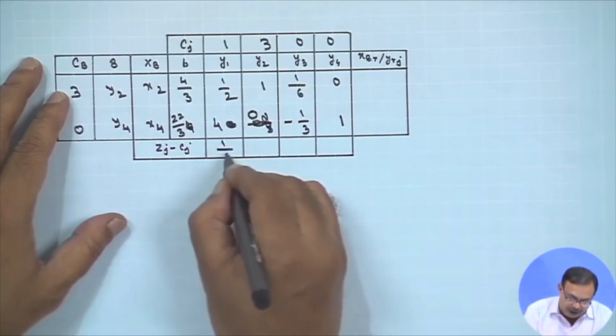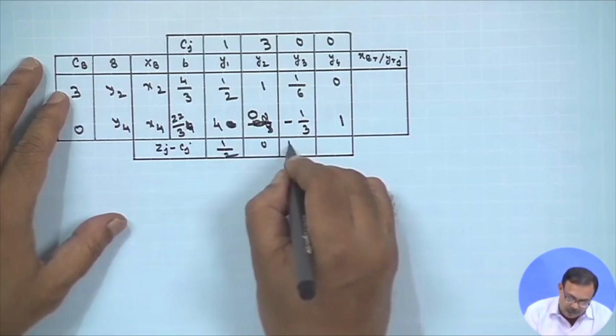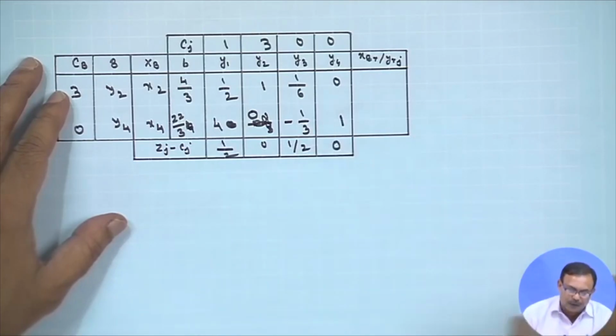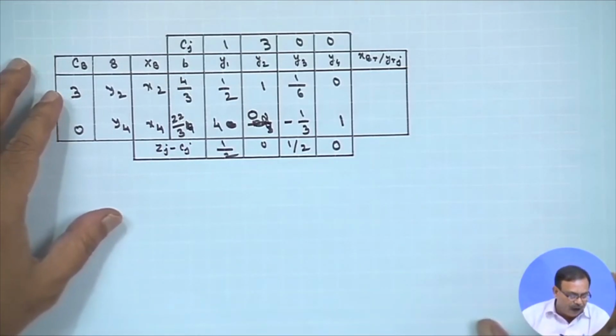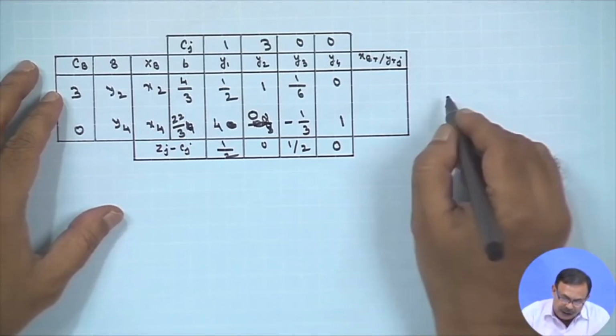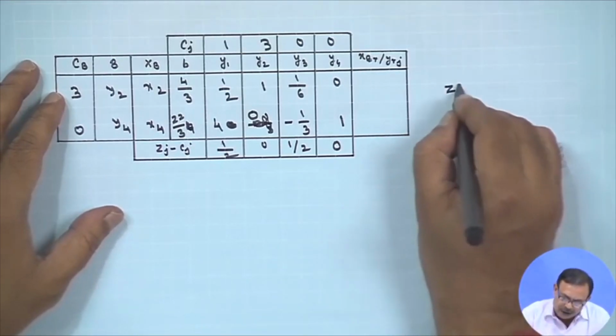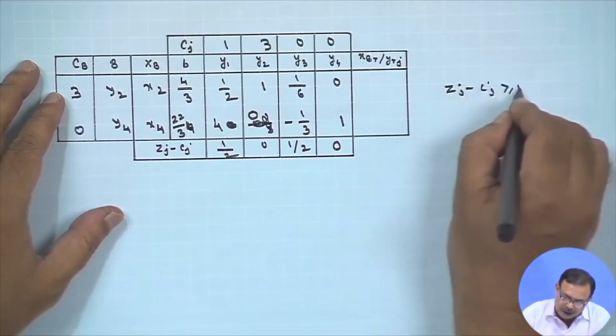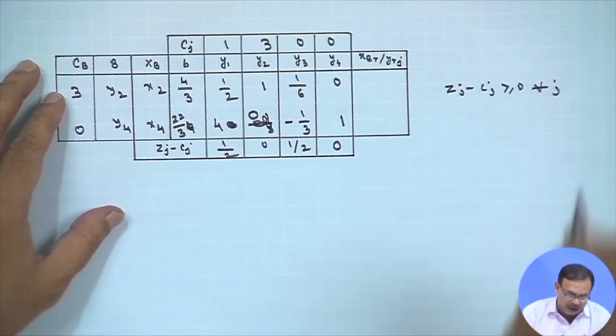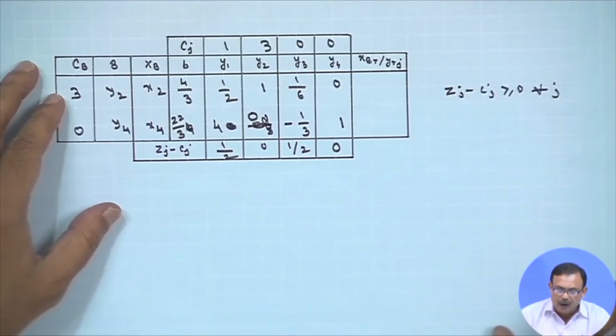So, Zj minus Cj is half, 0, half and 0. Here if you find your Zj minus Cj, it is greater than or equal to 0 for all j. So, the optimality condition is satisfied.